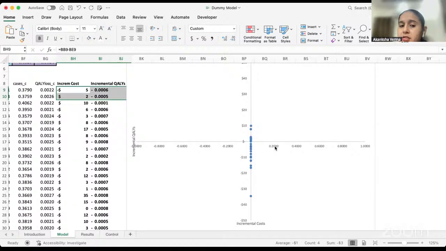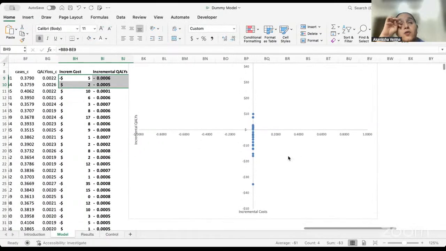You can't make out much from incremental QALYs because the difference is very minute, but you can surely say that you're saving on cost in most of the points. Out of 25, you can say 70% or 80% of points are saving you the cost.